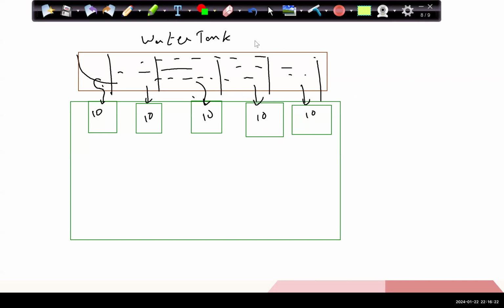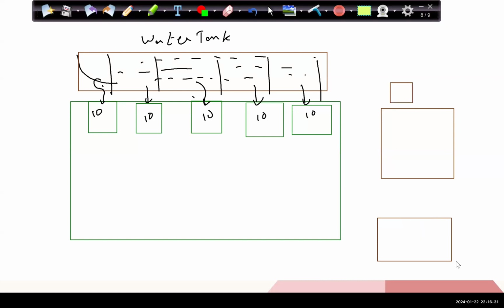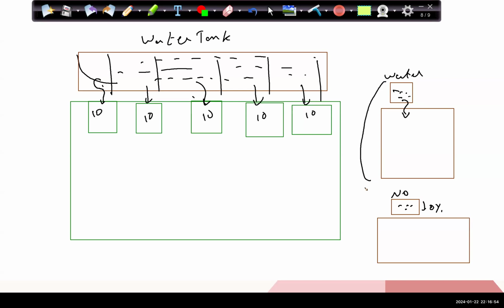In a physical machine, think of it like an independent house. You have one water tank here, and another house has another water tank. The problem with physical independent houses is that your water is assigned to that house. If this house is using 0% water, and there is water here, you cannot share it. That's a problem.